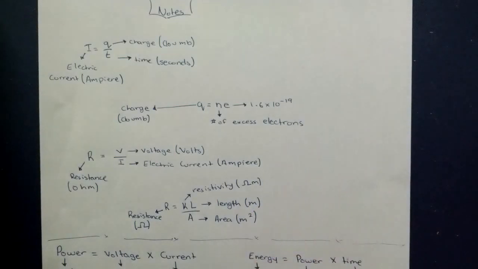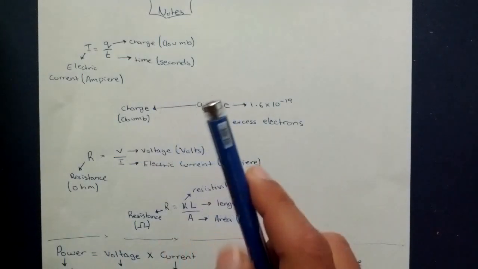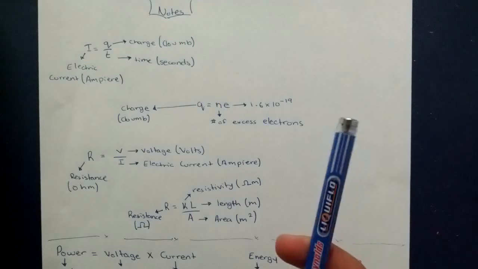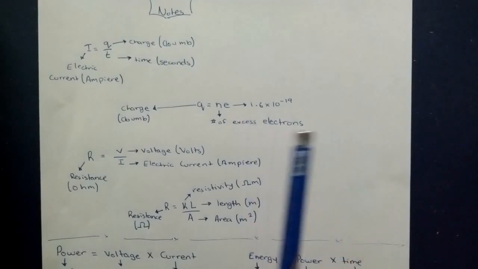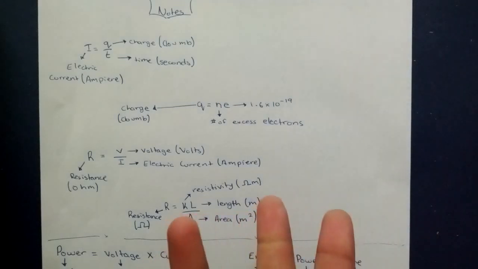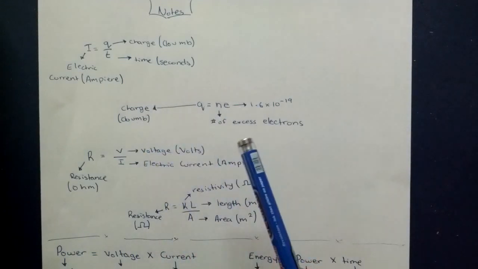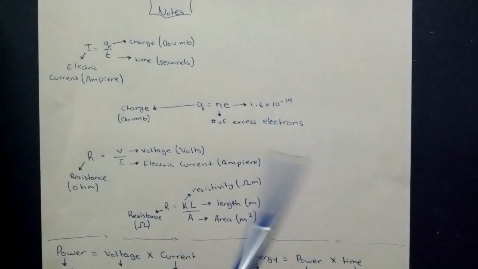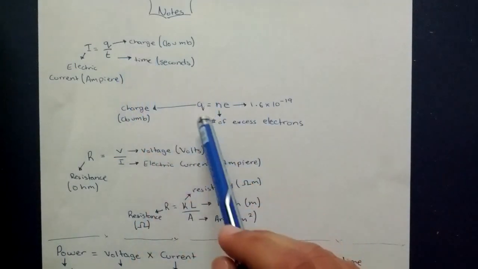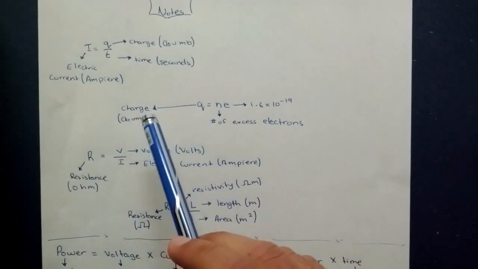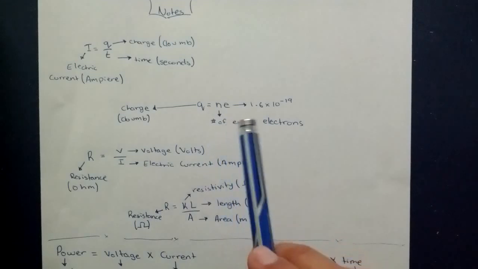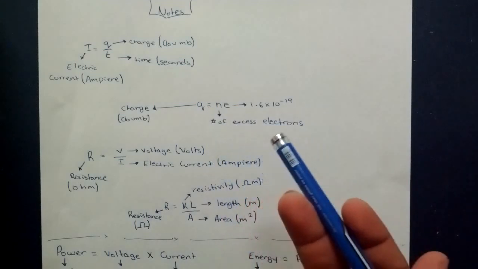So over here, this is used generally to find the number of excess electrons, but depending on how they rearrange it, you could be asked to find charge or number of excess electrons. Like I said earlier, Q is charge and it's measured in coulombs. N is the number of excess or missing electrons.